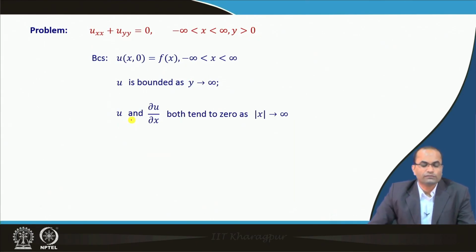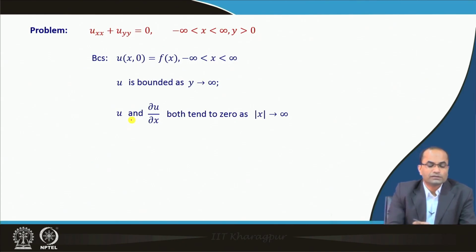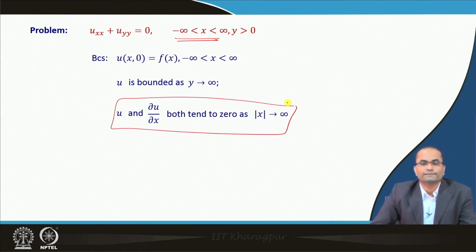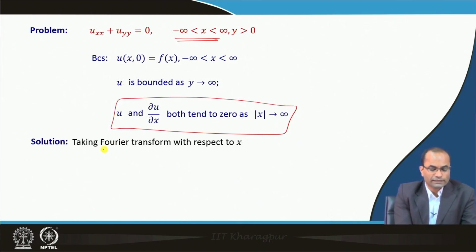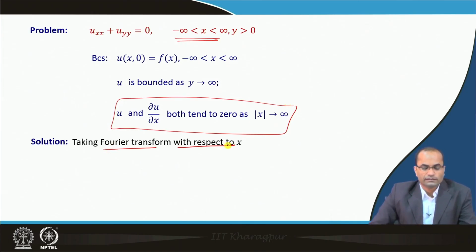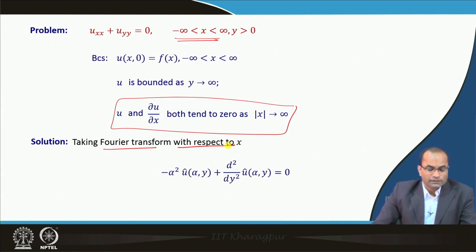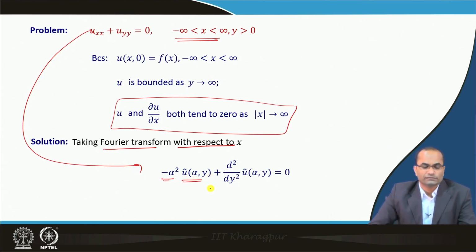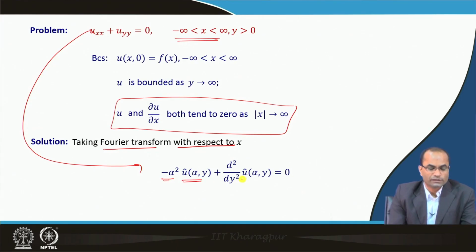Now we can solve this again using the Fourier transform. We will apply the Fourier transform with respect to the variable x, because this can be directly incorporated in the derivative theorem. So, taking the Fourier transform with respect to x, we have minus alpha square u hat(alpha, y). The y will remain as it is, we are not transforming with respect to y.